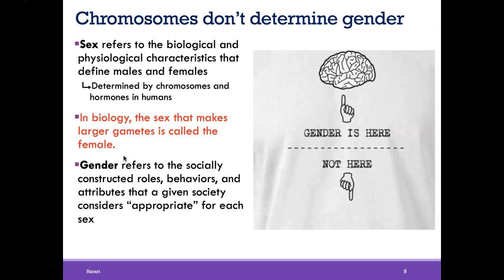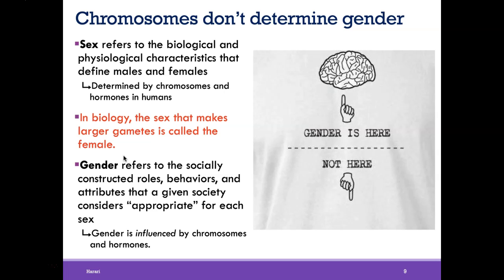That's sex. Gender is out of the realm of biology. That's more of a sociology topic. Gender refers to the socially constructed roles, behaviors, and attributes that a given society considers appropriate for each sex. So gender might be influenced by chromosomes and hormones, but it's not determined by them. And gender is specific to a time and place.